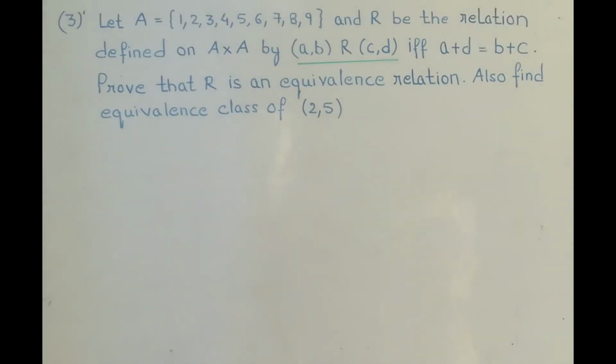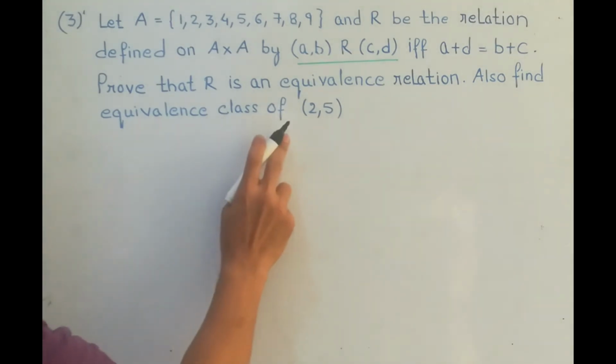Now in the second part we have to find the equivalence class of (2, 5). So how are we going to write it?